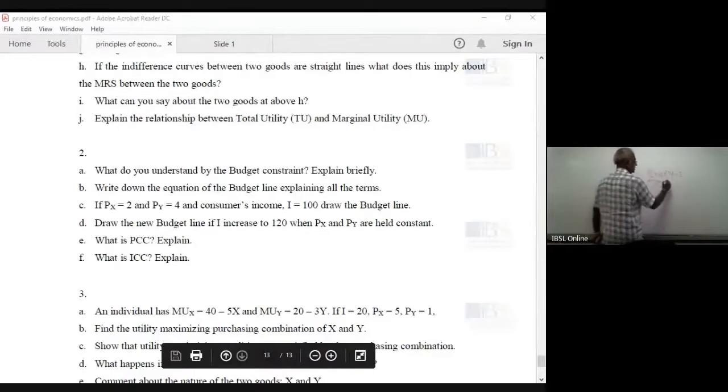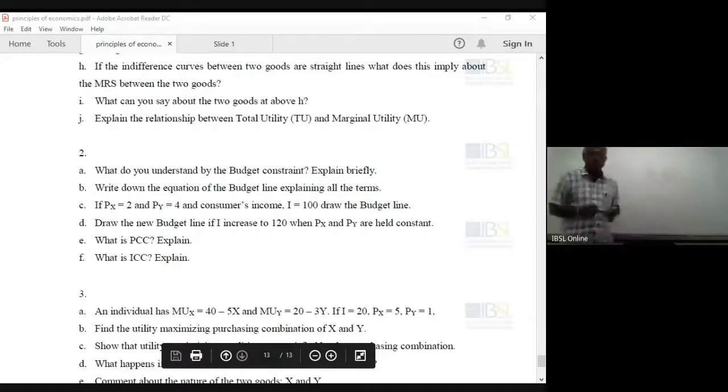Expenditure on Y, purchasing Y units at Py. This is the income. Equals, that means he spent all his income only to buy these two goods. Budget.